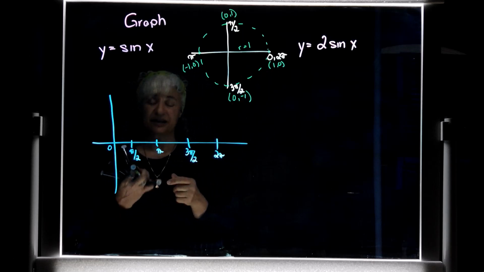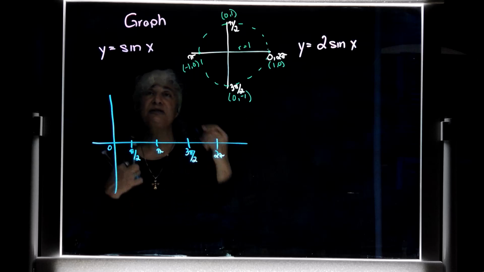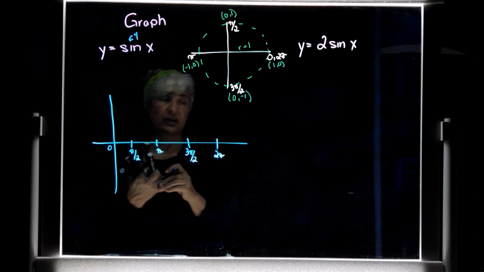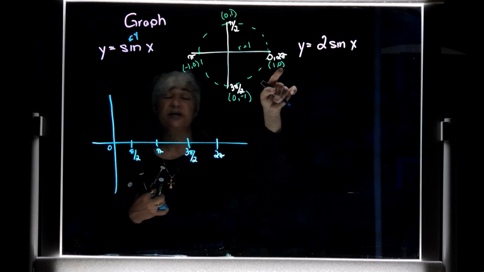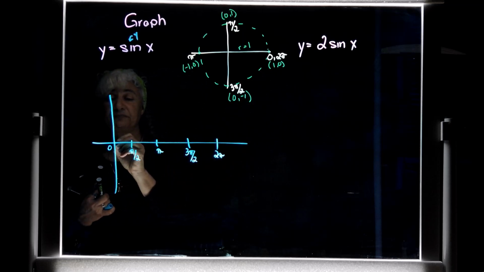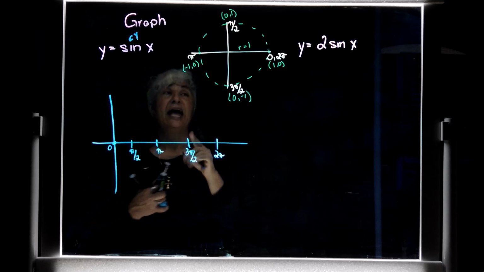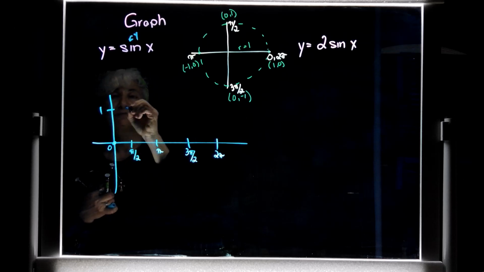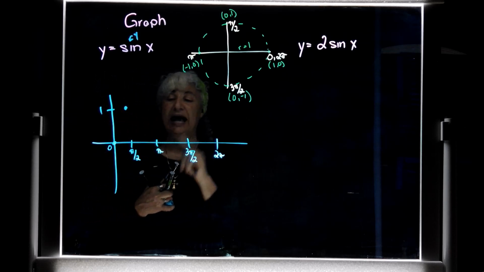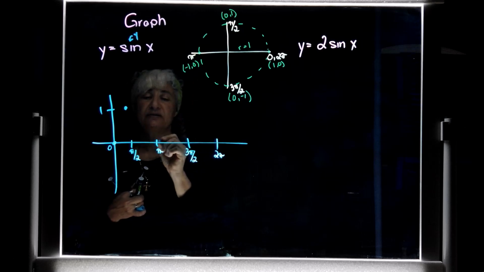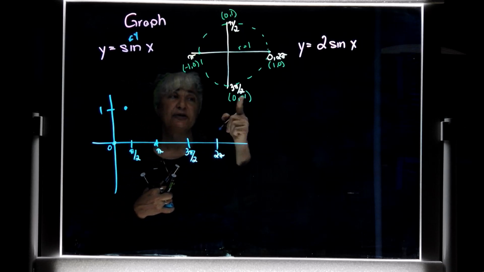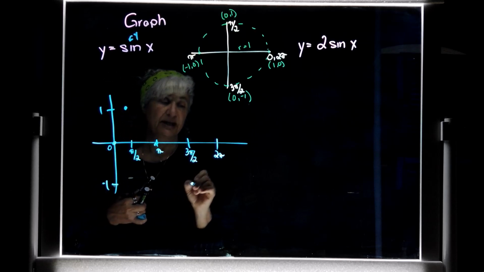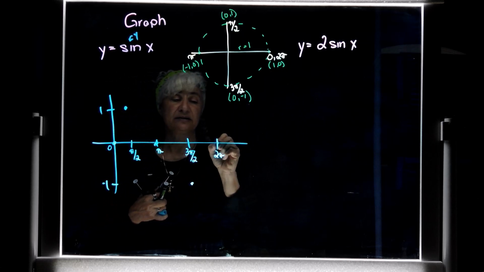Remember, the sine is talking about the y value. So the y value at 0 radians is 0. At pi over 2, the y value is 1. At pi, the y value is 0. At 3 pi over 2, the y value is negative 1. And then back to 2 pi, it's 0.